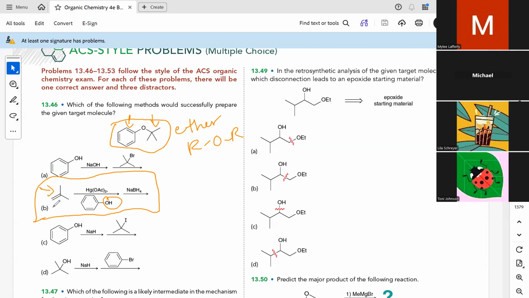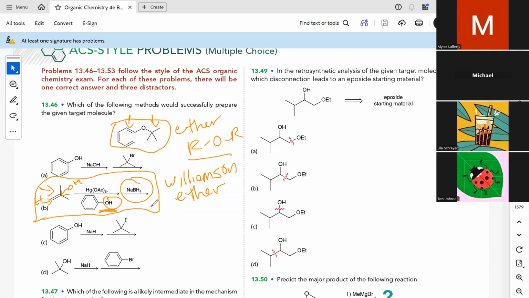So I'm going to have my OH portion add over here without rearrangement, my H add over here. And then when I combine this reagent with my phenol here, and then reduce my product, this would end up giving me this ether through, if you look up the Williamson ether synthesis.